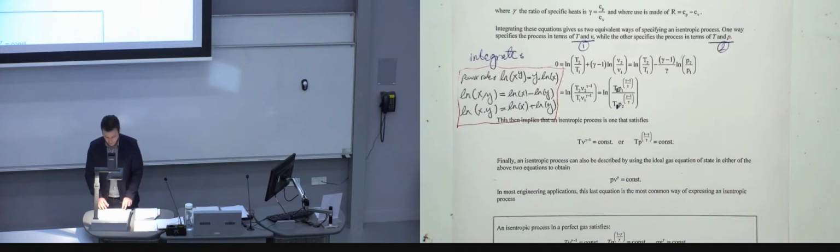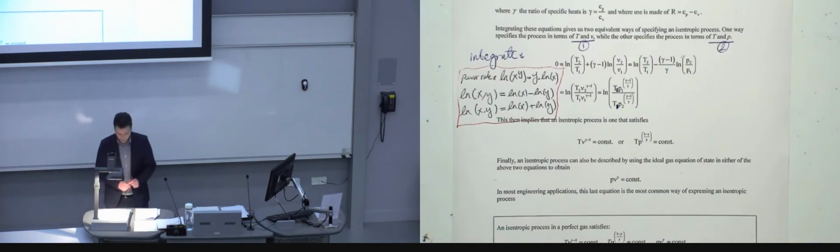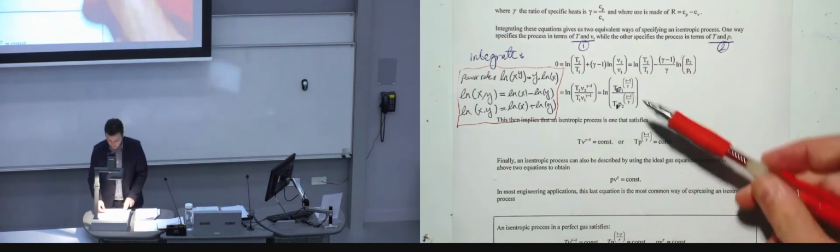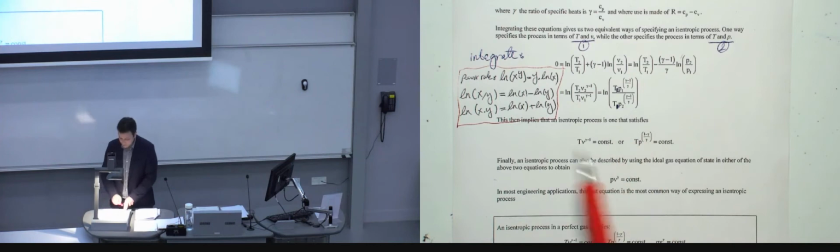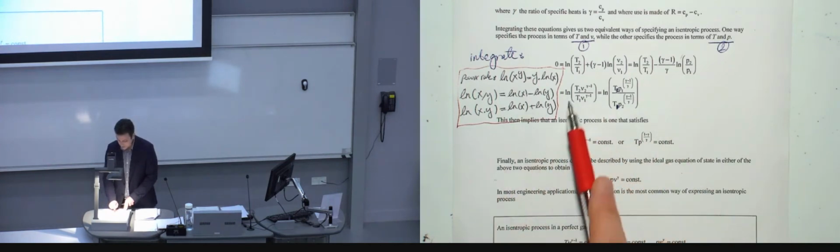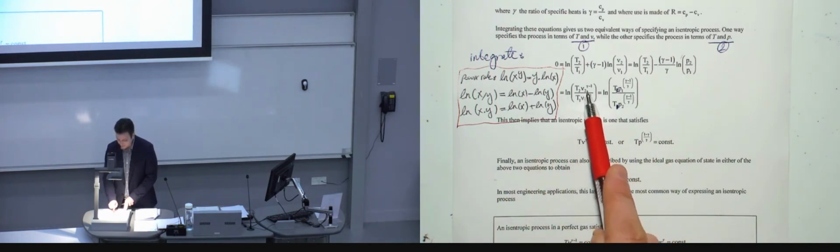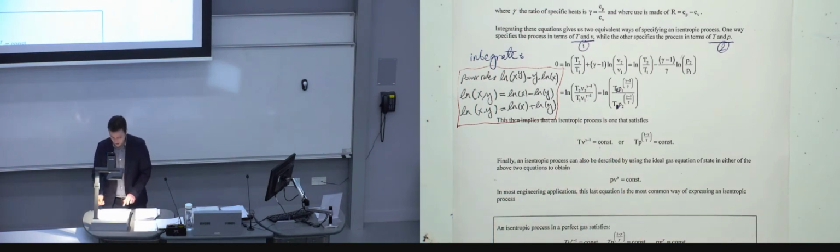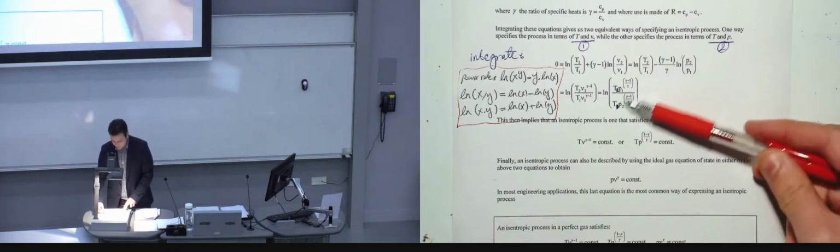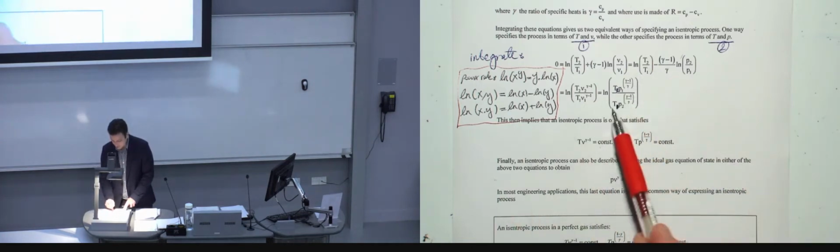Now, once you get to that point, then it becomes apparent that T V to the power of gamma minus 1 will be equal to a constant. And in fact, this is not straightforward because you've got T2 P1 and here you've got T1 P2.